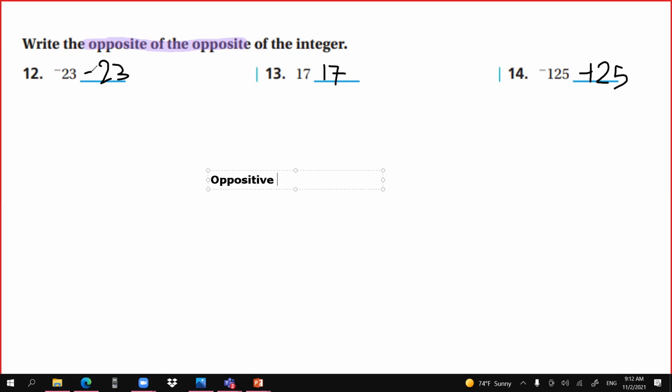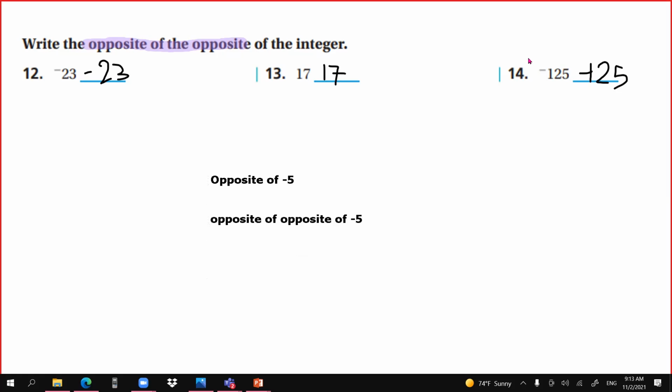Just a minute, please. Teacher, what is this question? I cannot understand it. What is positive of positive?